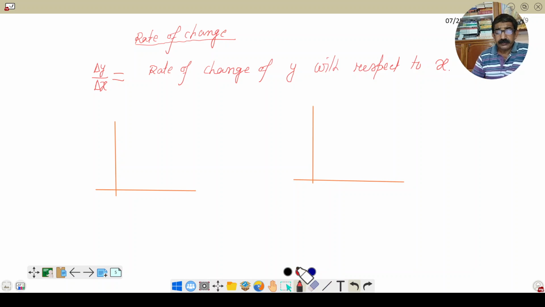Suppose this is a graph, and this change is delta x, and this change is delta y.